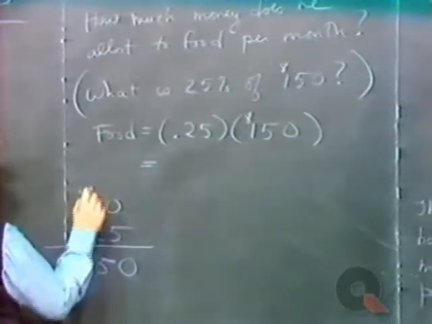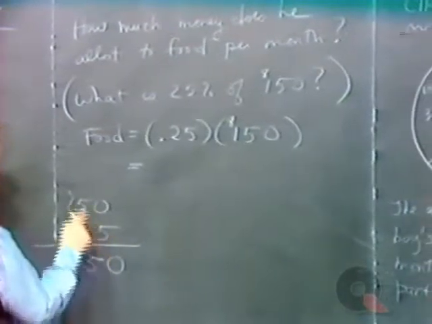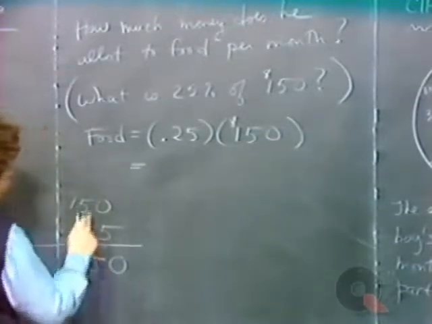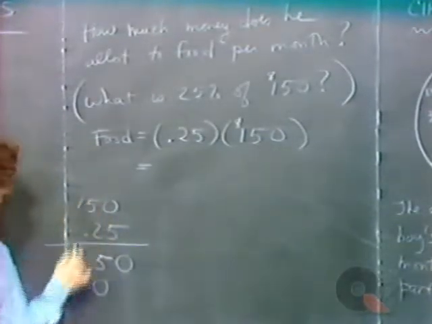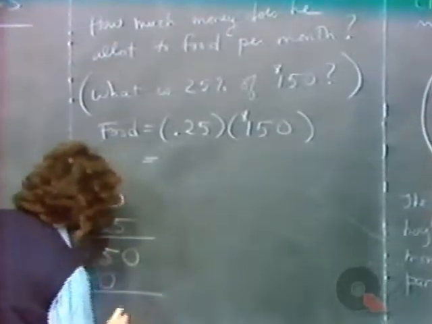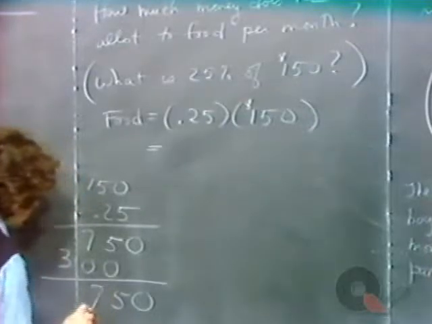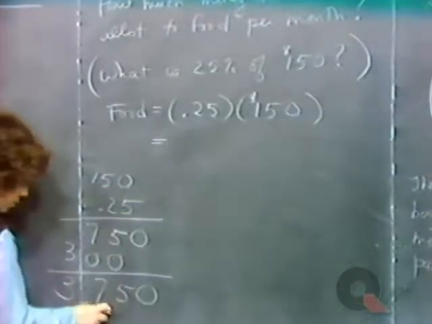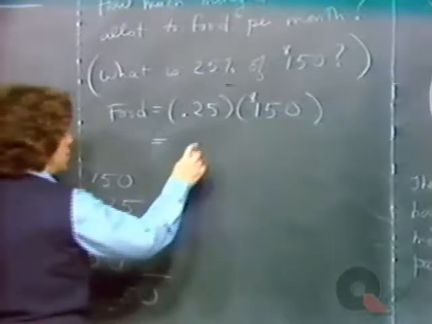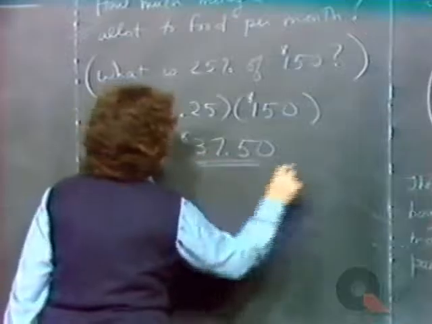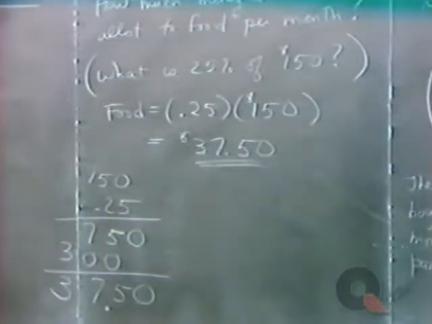Put down the 5, carry the 2. 1 times 5, 5 and 2 is 7. Then indent 1, 2 times 0, 2 times 5, 10. Carry the 1, 2 plus 1, 3. 0, 5, 7, 3. No decimal digits plus 2 decimal digits gives us 2 decimal digits. So the answer is $37.50 is allotted for food in his budget here.